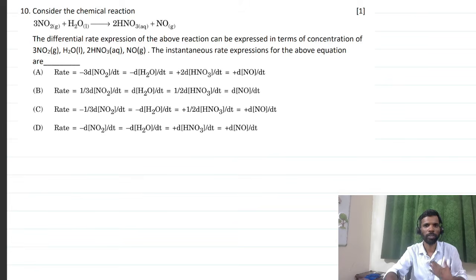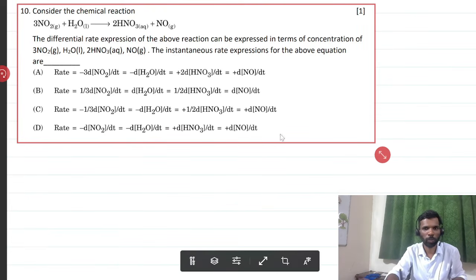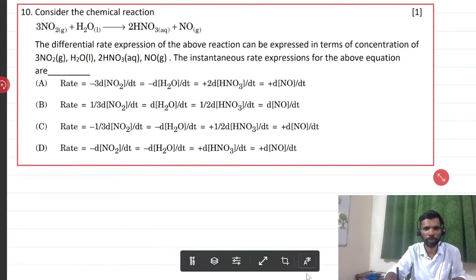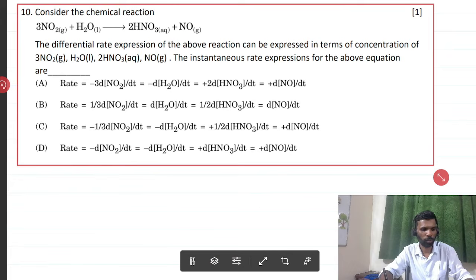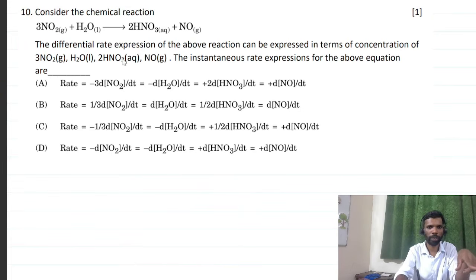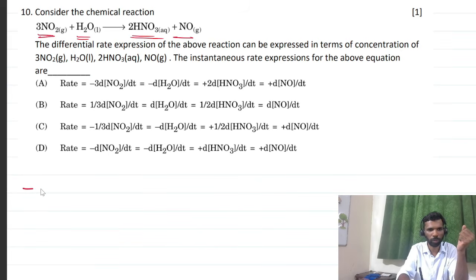So this question over here. Which of these options are correct over here? That is what is asked. If you want to write a differential rate equation for this, these are the reactants and these are the products. How do we write? Simple. The stoichiometric coefficients, we'll write them in the denominator.